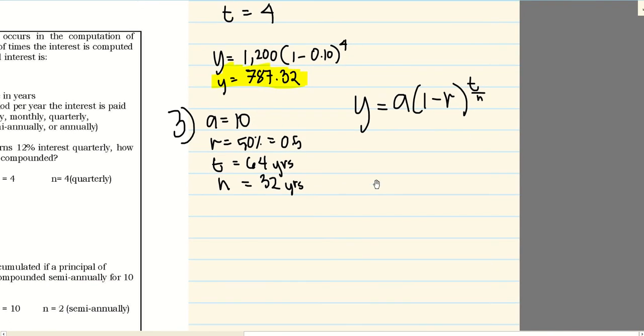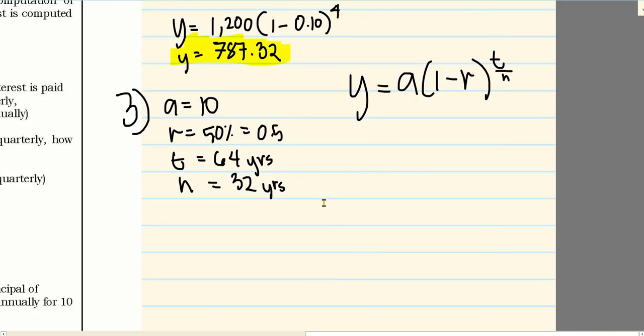So we have our y, which equals, let's substitute it, 10 times (1 minus r, which is 0.5), our t is 64, and our half-life is 32. That's it.